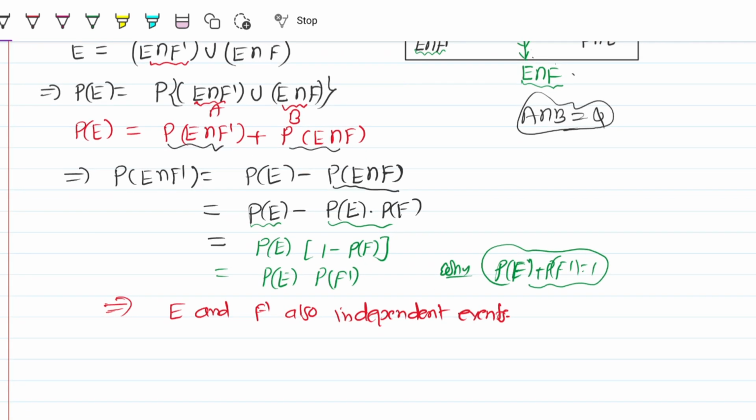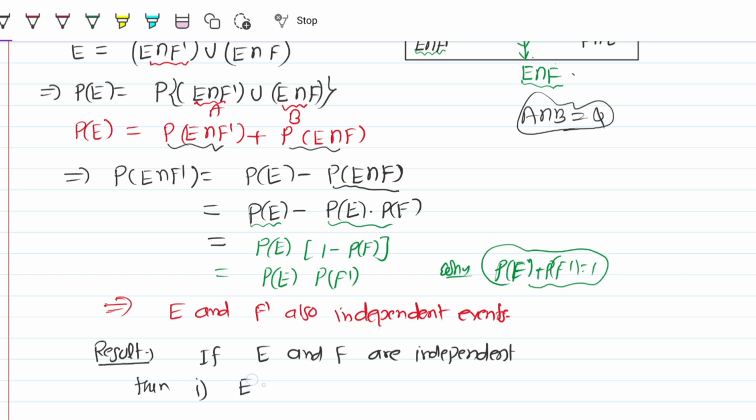Okay, you can also remember this as a result. As a result, if E and F are independent, then first, in this question we have proved E and F dash are independent.